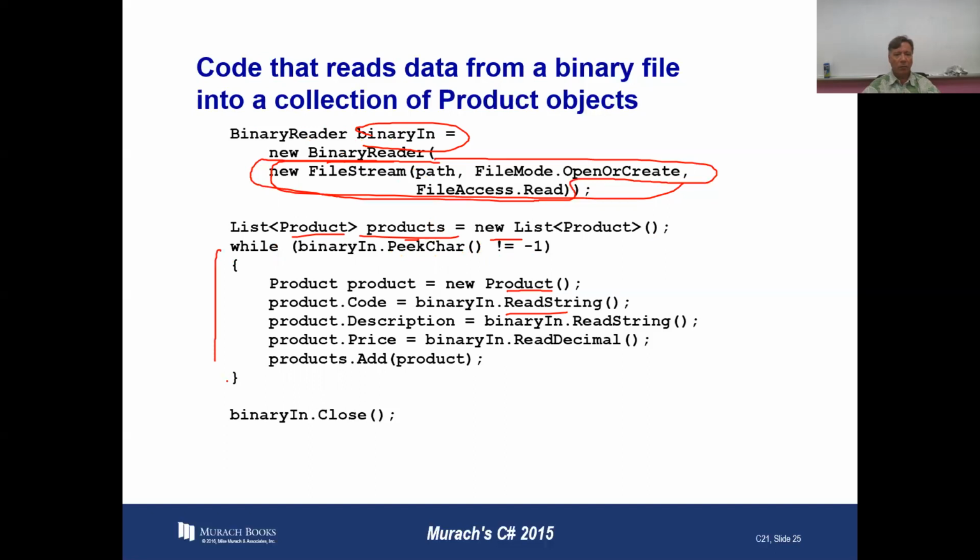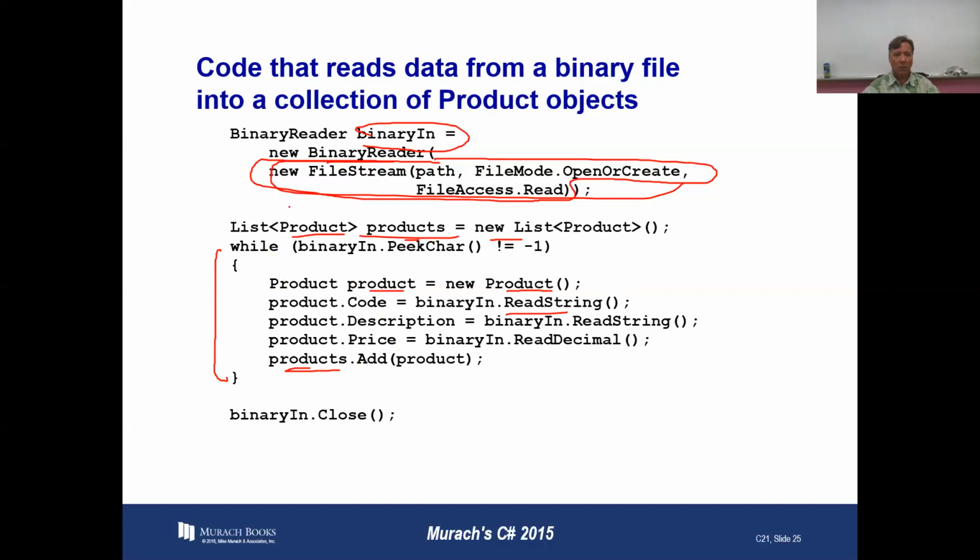And so then we loop, and we're going to create a new product object, which we're going to append onto this products list that we're going to return eventually. This reads it up into this product list.